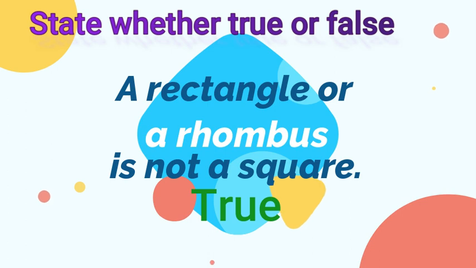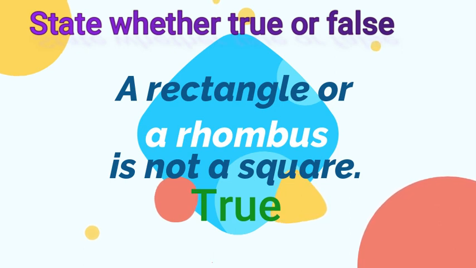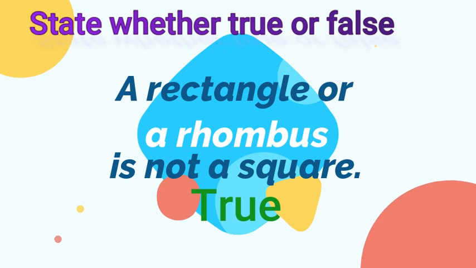When you take a special case of a rectangle with four sides of the same length, then we can tell this one is a square, because the definition of a rectangle is a parallelogram with right angles. So here opposite sides are equal, but all sides equal is not required.